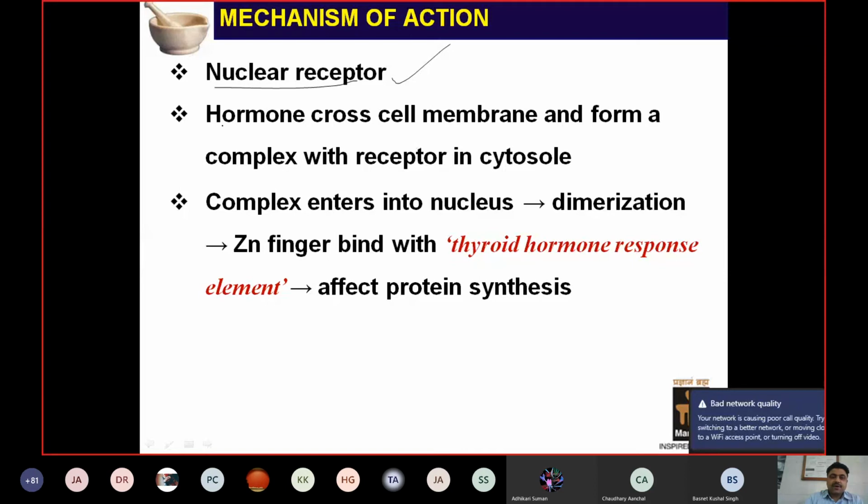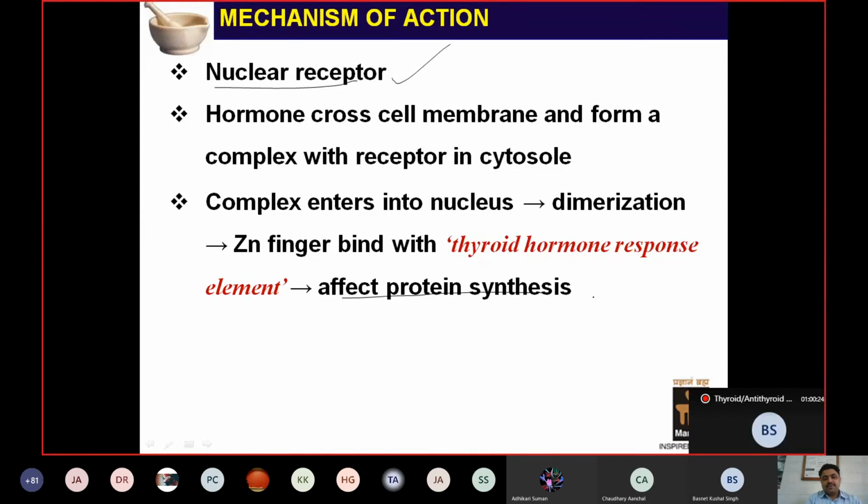The hormone crosses the cell membrane, which is why lipid soluble drugs act through this nuclear receptor, and forms a complex with the receptor in the cytosol. This complex then enters the nucleus, dimerizes, and the zinc finger binds with the thyroid hormone responsive element in a gene, which ultimately affects protein synthesis.